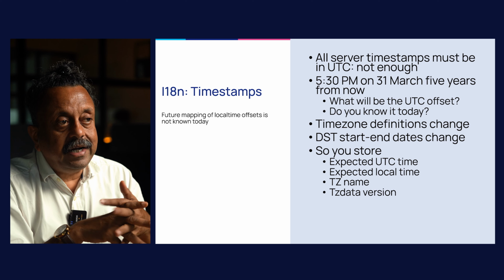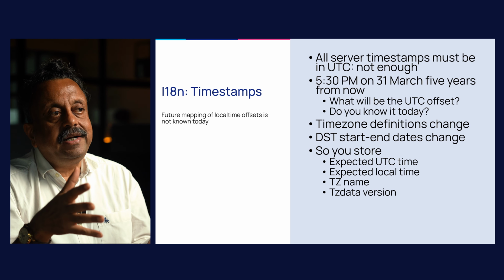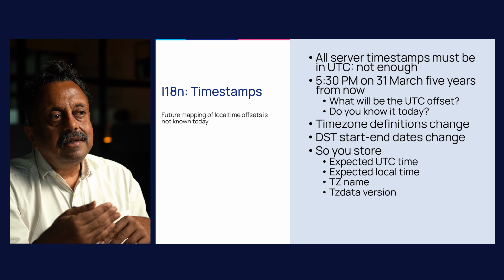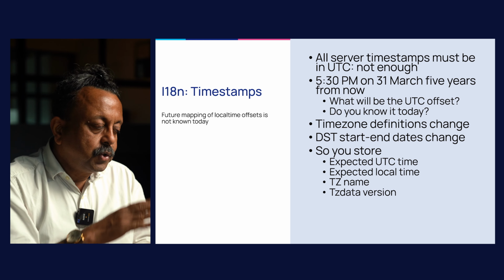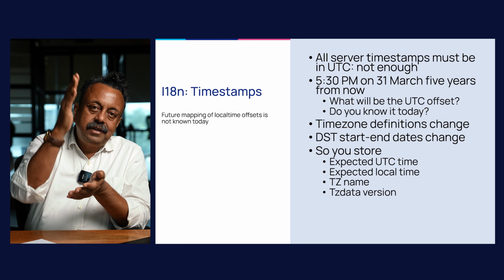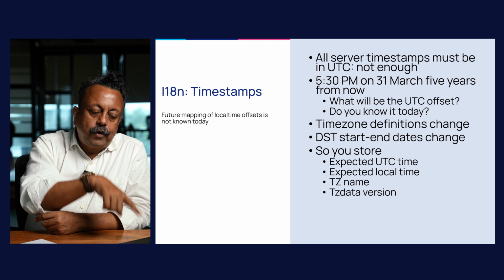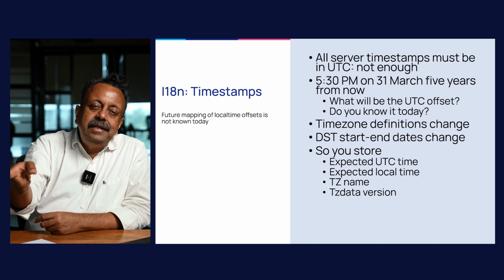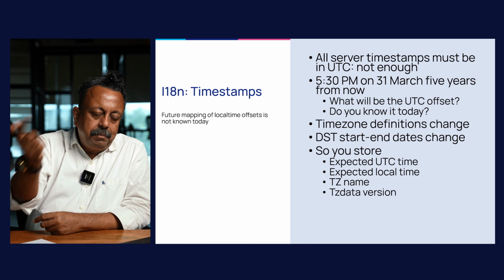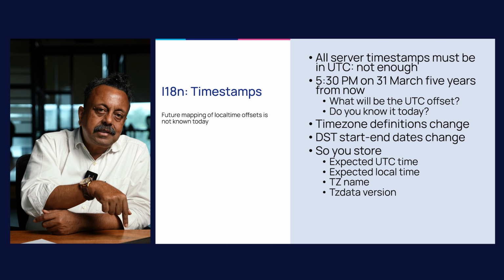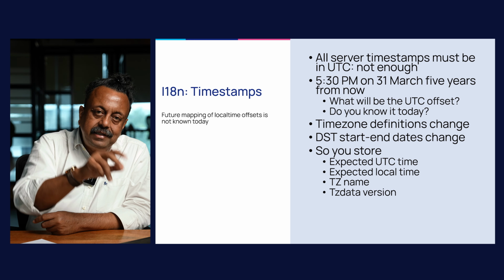I will not get into TZ data, but all Unix systems use a time zone database called TZ data, and that is released in new versions whenever any time zone data anywhere in the world changes. So you need to save the TZ data version so that later on when you want to recompute the local time from the UTC time, you can compare the TZ data version available on your Unix systems at that time with the TZ data version which was in active state when the data was recorded and see if there is any change.